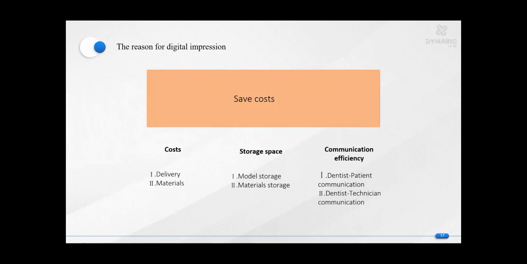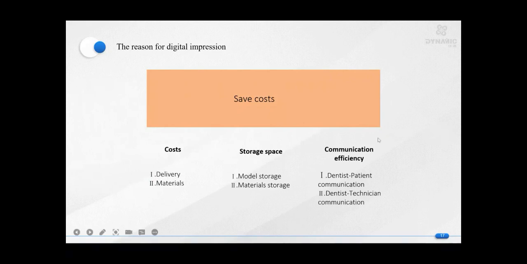With the accumulation of time and patients, the stored plaster models will occupy more and more space in the clinic. And secondly, for traditional impression material, the clinic will buy half a year or more at a time, and these materials will also take up a lot of space.